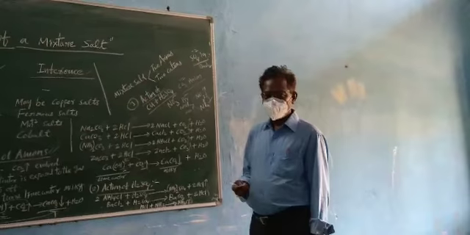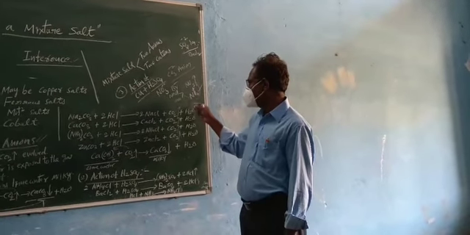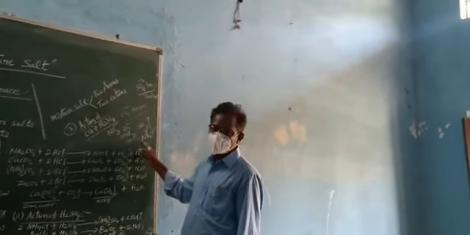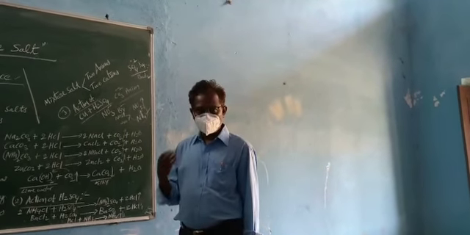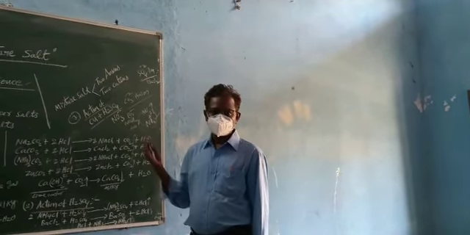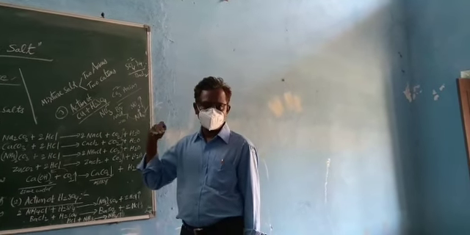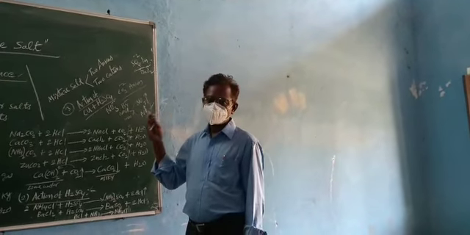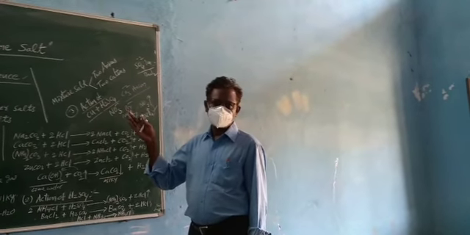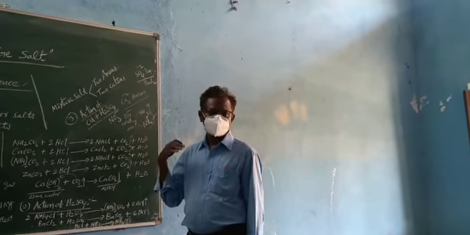After doing the test for ammonium cation, whether it is present or not, if present, the same will be written under the observation column and inference column. If you get a negative reaction, you write 'no reaction observed' under the observation column.